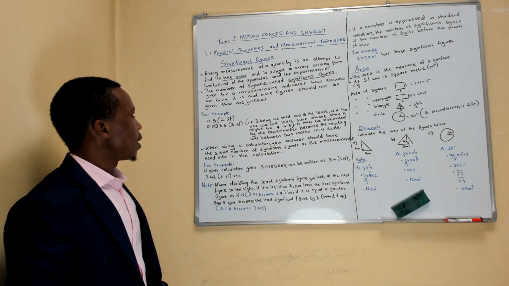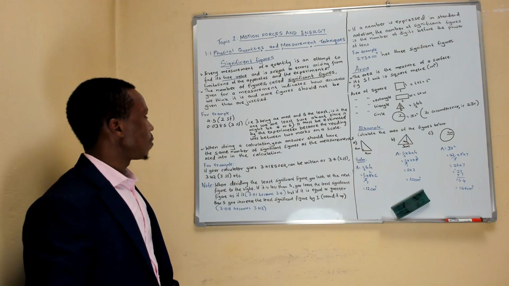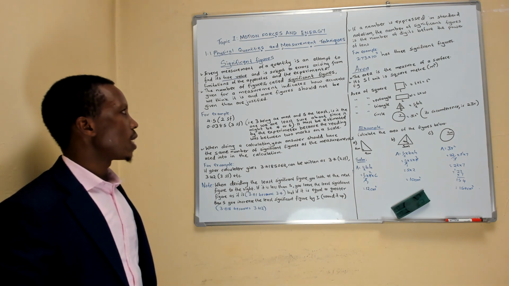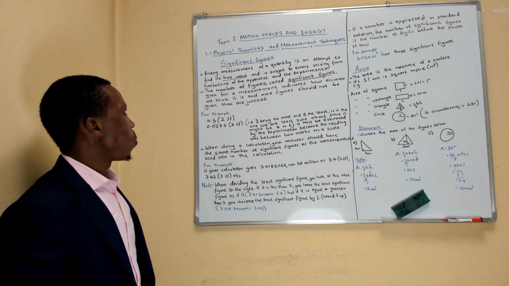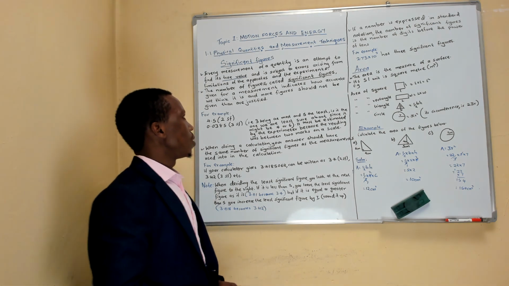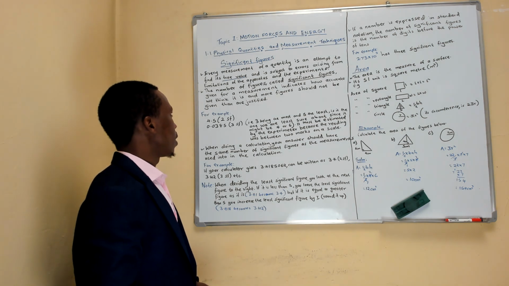Number two, the number of figures, called significant figures, given for a measurement indicates how accurate we think it is, and no more figures should be given than are justified.